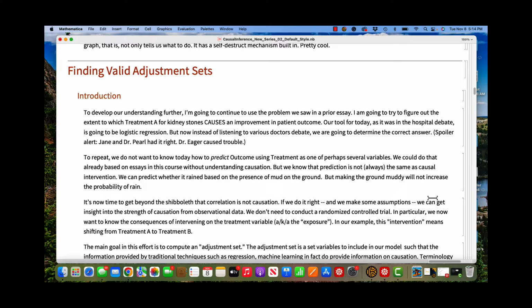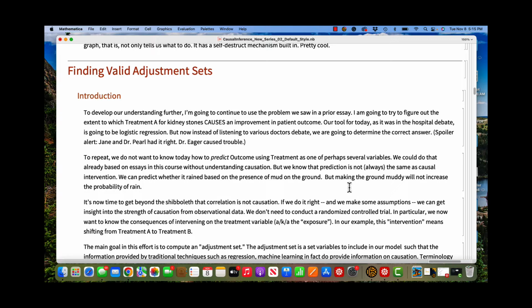And the idea is that we want to basically hijack traditional methods, things you've seen already in this course, like linear regression, like logistic regression, and take the findings from those models, where it says, for example, that the probability of a good outcome has a log odds coefficient of 1.7 for treatment A, and to be able to say that means actually under these circumstances, when you've controlled for these variables, the adjustment set, that log odds coefficient is causal, that it actually causes a corresponding increase in the probability of a good outcome.